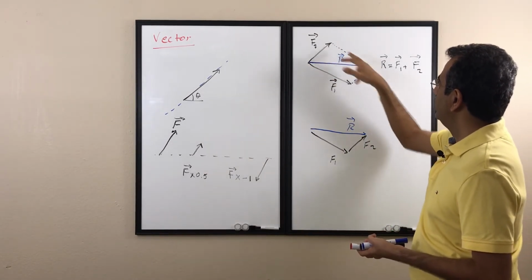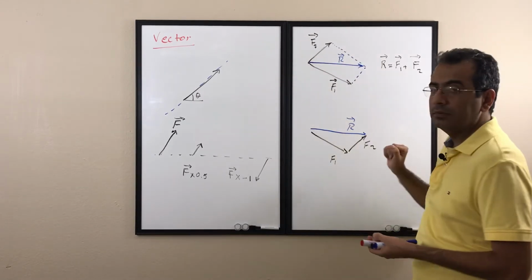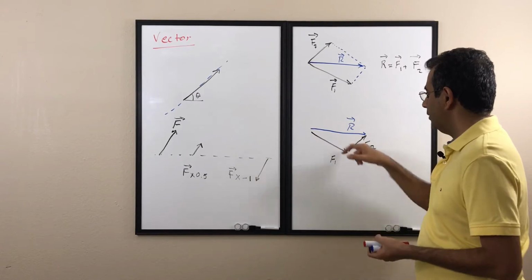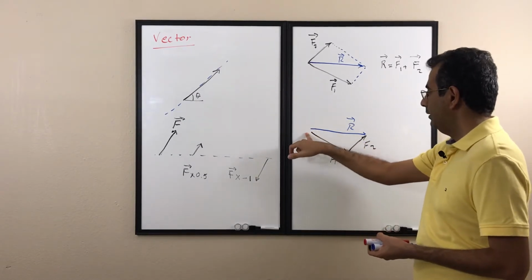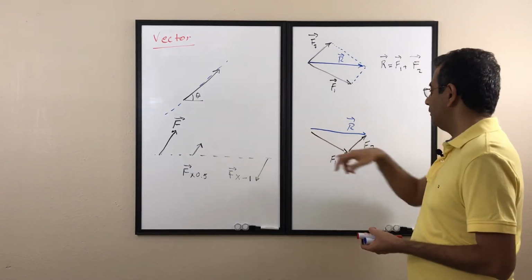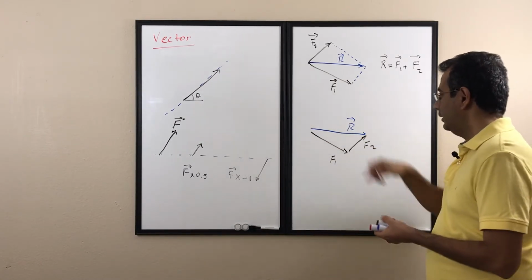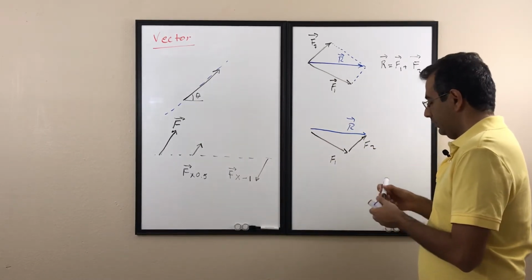Either we draw these parallel lines and go here, or we go like the triangle, start from the start of the first one and connect it to the end of the second one. So we get that triangle here again.